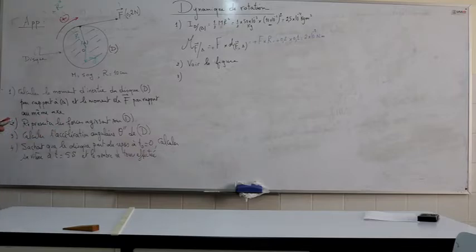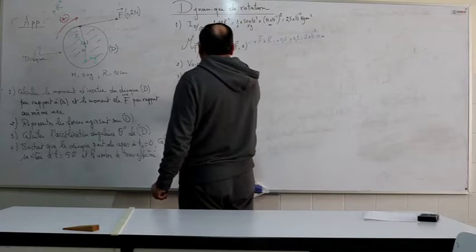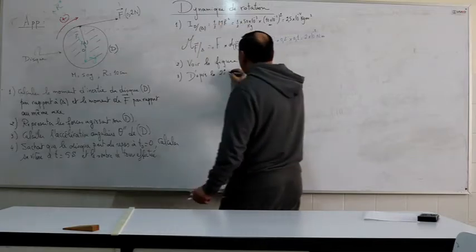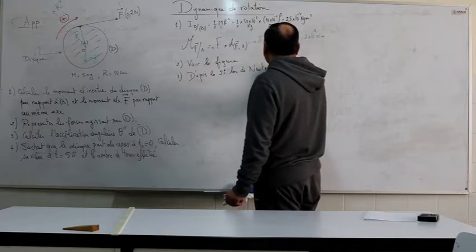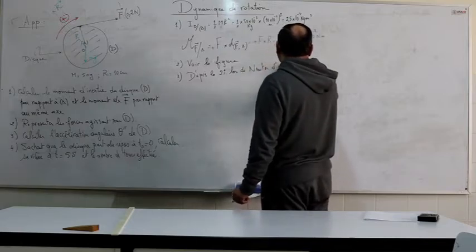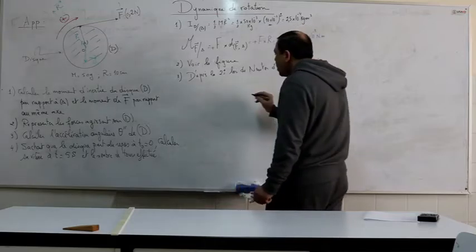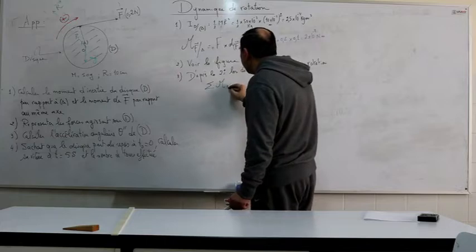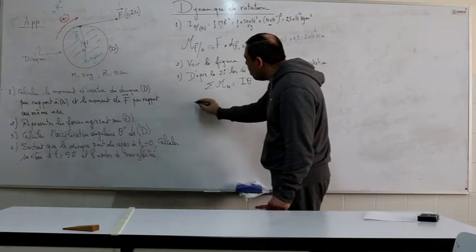Then we can apply Newton's second law for a solid in rotation. According to Newton's second law for a solid in rotation, the sum of the moments of the external forces is equal to I times theta double prime.